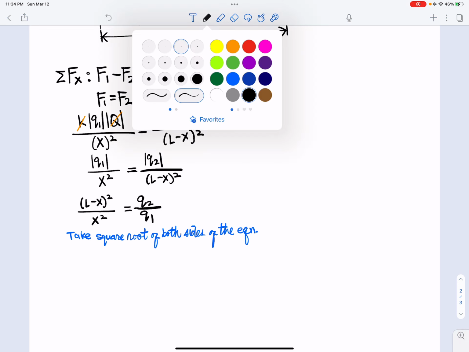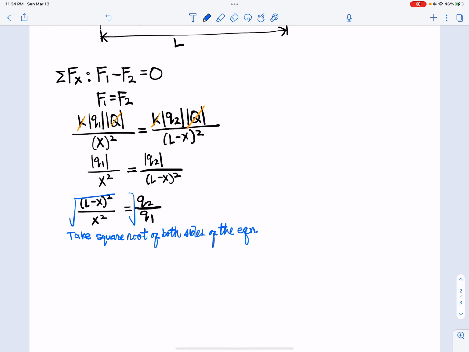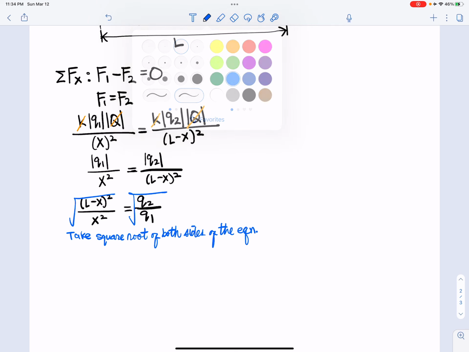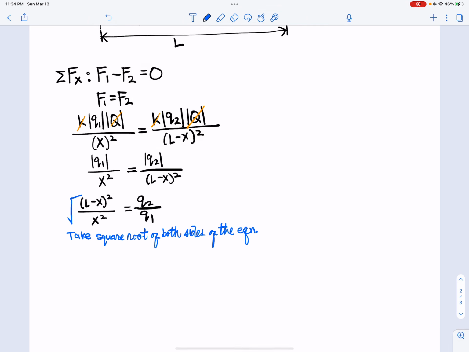So if I do that, I would get L minus x over x is equal to the square root of Q2 over Q1, right? And I'm going to rewrite L minus x over x as L over x minus x over x, which is just 1, is going to be equal to the square root of Q2 over Q1.